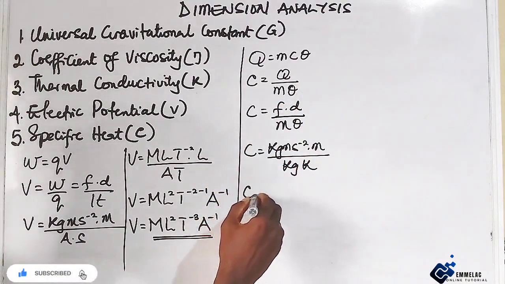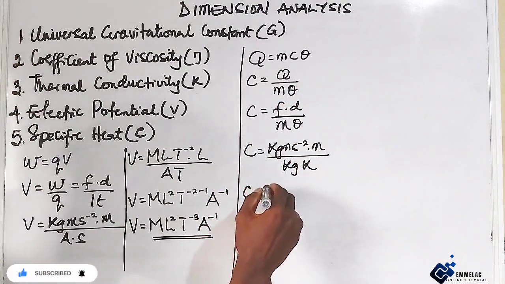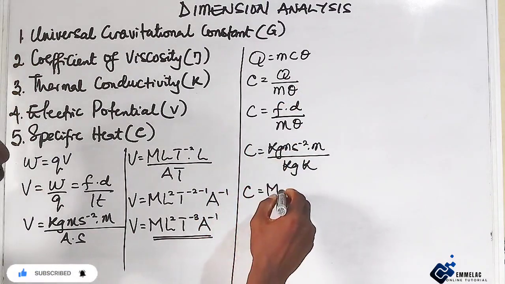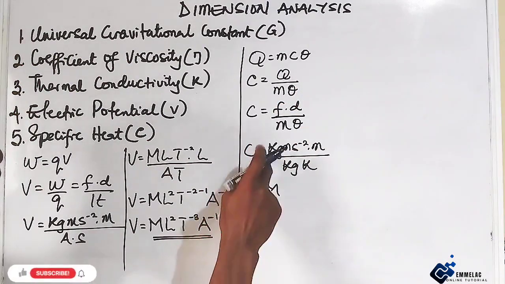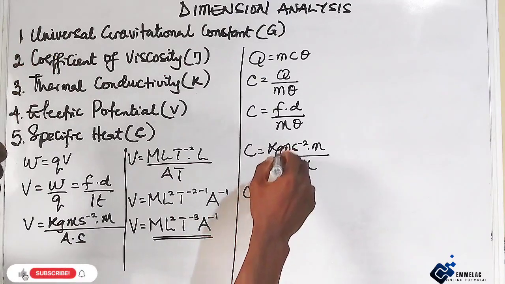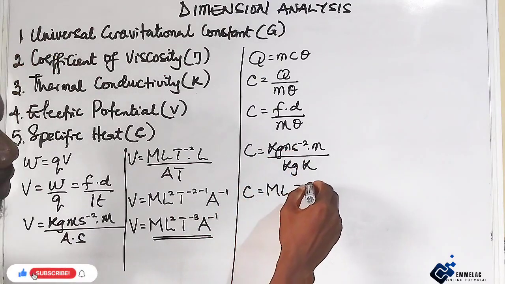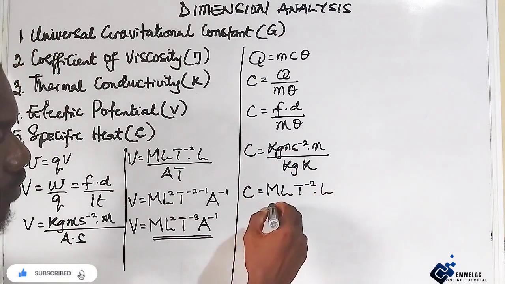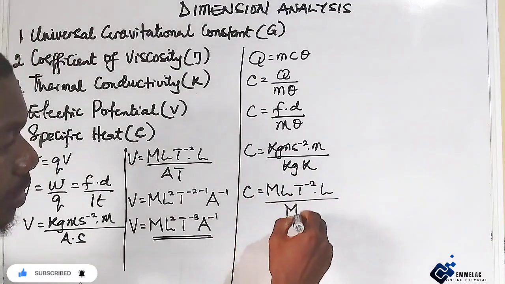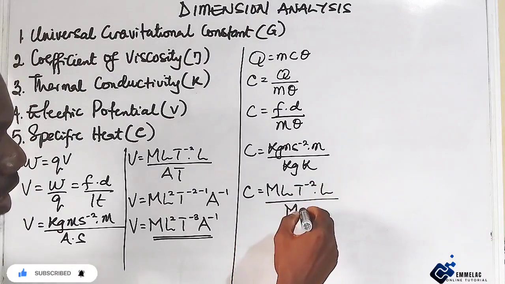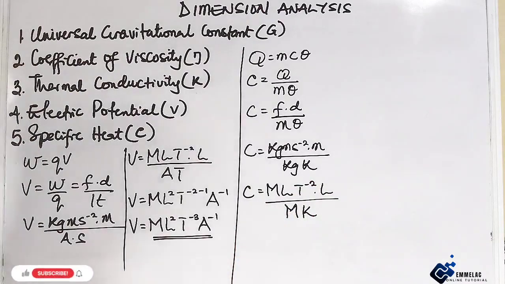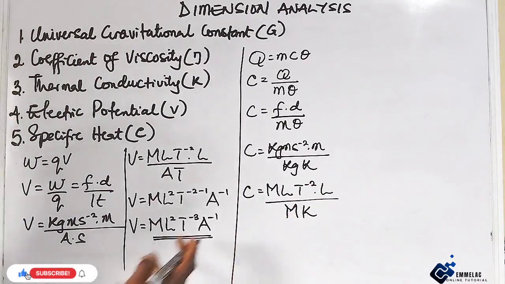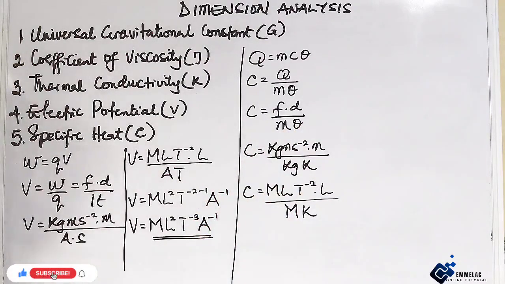Now the dimension here we have mass for kilogram, then length for meter, then time for second, and another length for meter all over mass, and Kelvin, which is the K for dimension for temperature. You can also probably use this as the dimension also, but in this video we're using K.